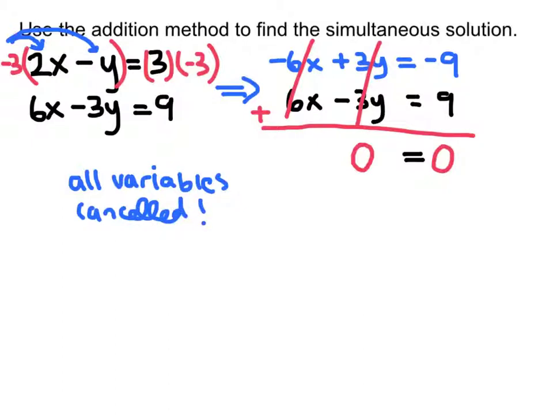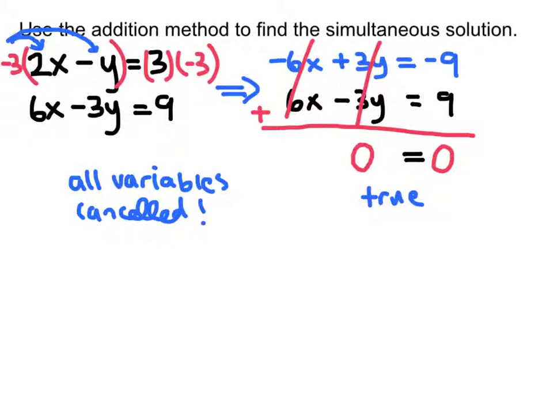And when that happens, you could have one of two cases. The first case, you might notice when you're looking at what's left over after it's been canceled, we have 0 equals 0, and that happens to be a true statement. So that case will give us the fact that we actually have the same line.